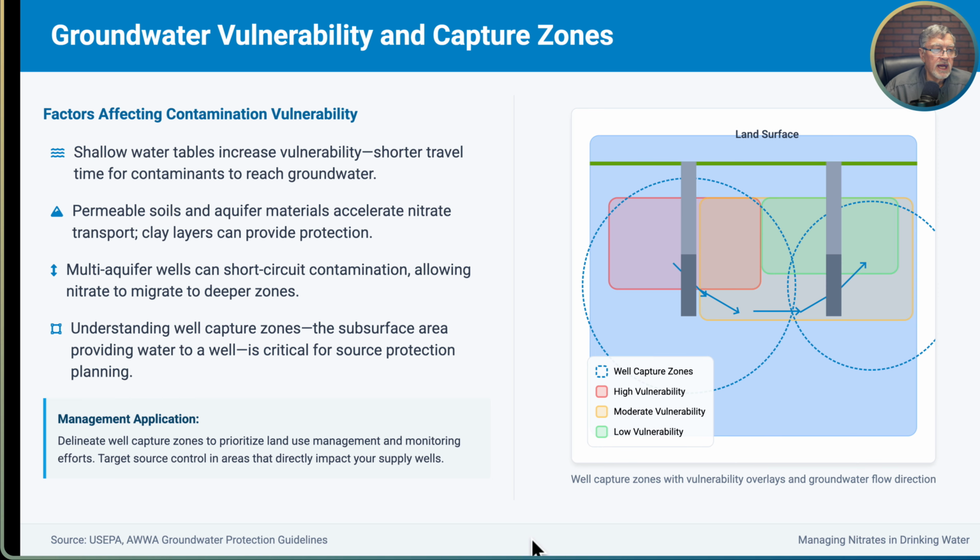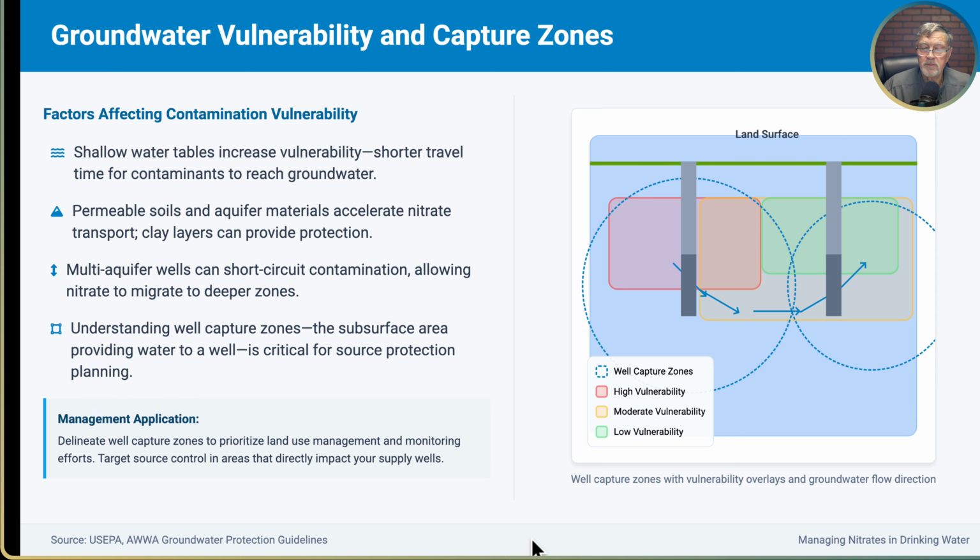Groundwater vulnerability and capture zones. Shallow water tables increase vulnerability. There's a shorter travel time for contaminants to reach the groundwater. And they tend to be more aerobic or oxic, like we talked about, so you're not going to get denitrification going on. Permeable soils and aquifer materials can accelerate nitrate transport.